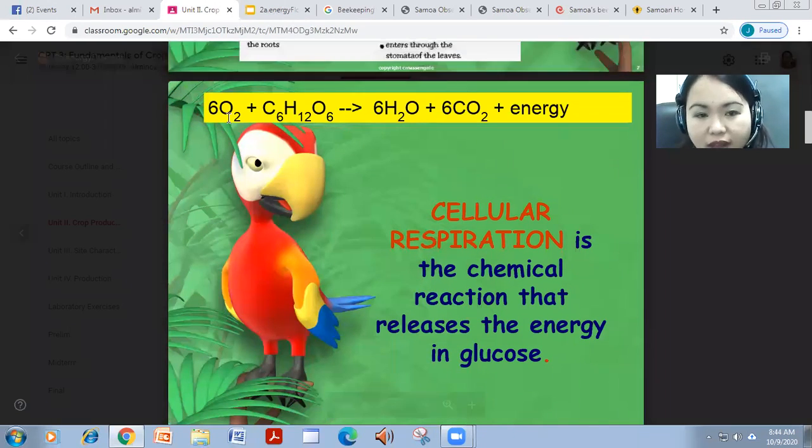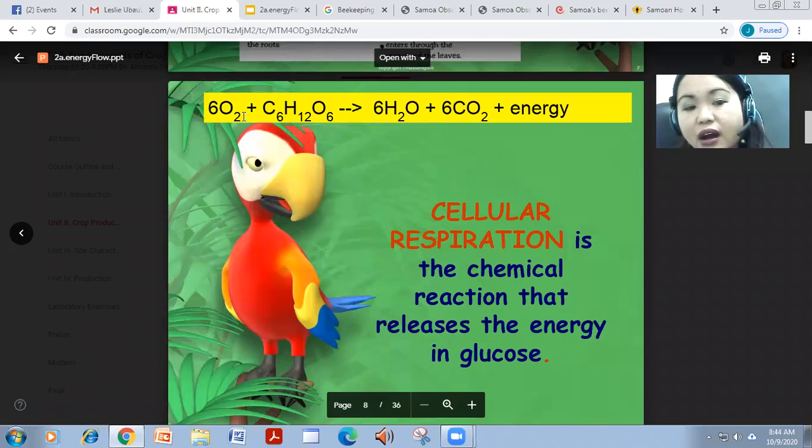The oxygen that was given off by plants is taken in by animals, which eat this glucose or carbohydrates in the form of starch and turn it into energy, with the release of water and carbon dioxide. So it's just the opposite of photosynthesis.